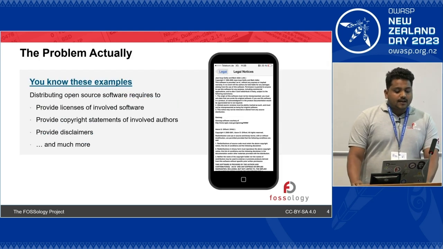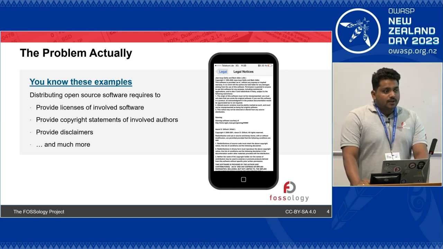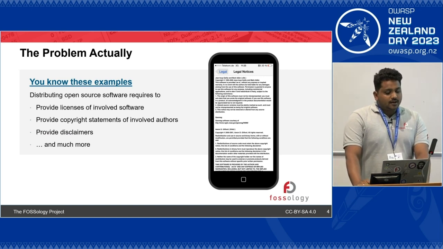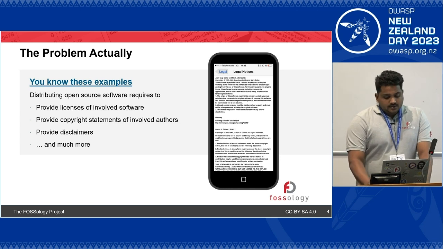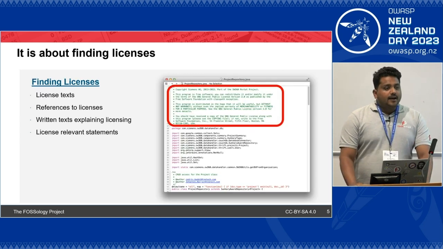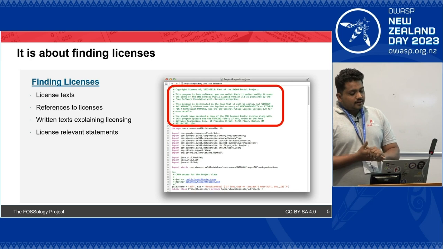So let's start. I think most of you already know that publishing open source software requires you to provide licenses of the involved software, provide copyright statements and involved authors, provide disclaimers, and many more things. And while using it with your software, you also need to find those licenses.